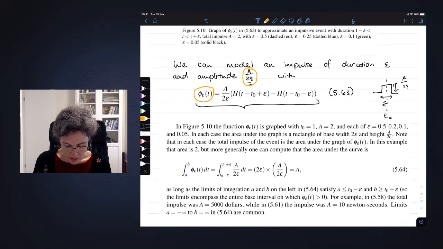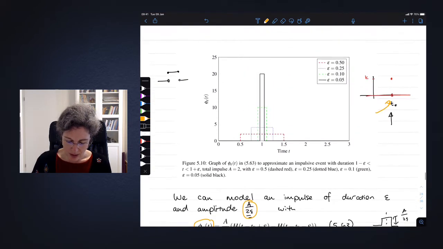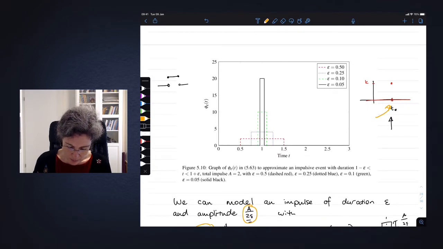If we integrate our little step function that we created over here, then what we end up with, after a little bit of work, because remember it's just a step function, is a. And that's why we define the amplitude of the original function the way we do, because actually what we're interested in is specifying the area under the function, and we want that to be a. So the thing to notice, here we've plotted for different values of epsilon.